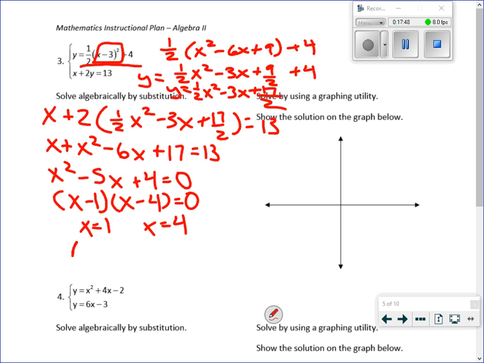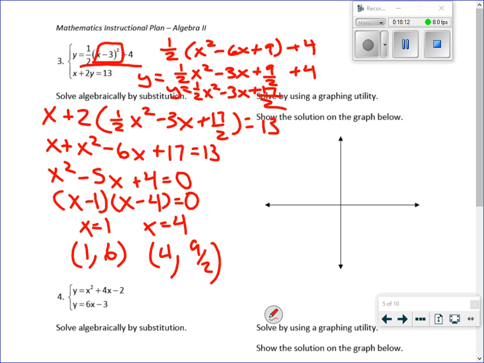Good, so when we got x equaling 1, what was the y value that went with that? Not 5, but 6. And when our x value was 4, what was the y value that went with that? 4.5, or as a fraction, 9 over 2. Do you have to use fractions?